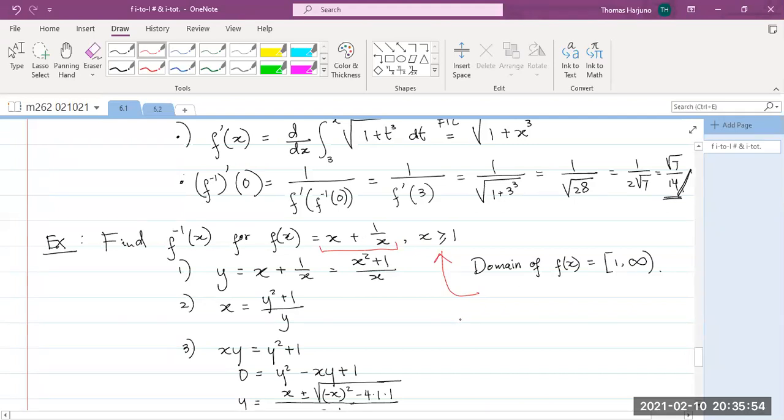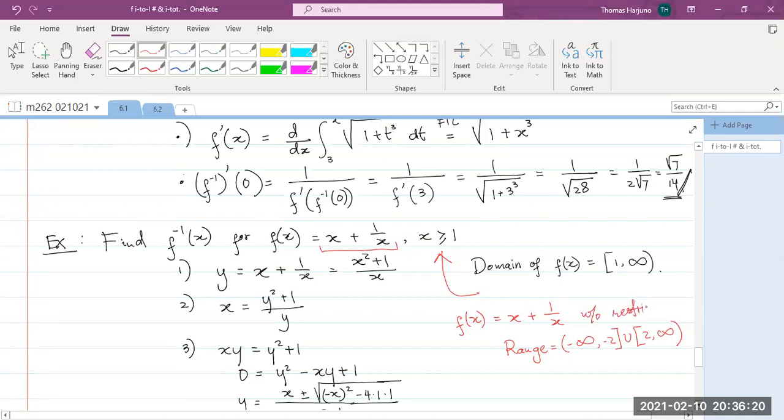So basically, f(x), even if you don't do that restriction, the range will be from negative infinity to negative 2, union 2 to infinity, even without restriction.